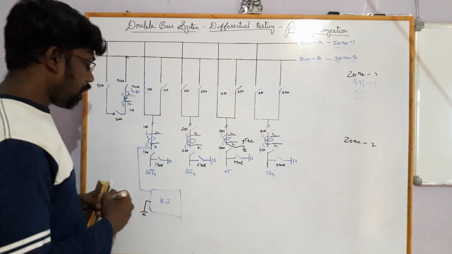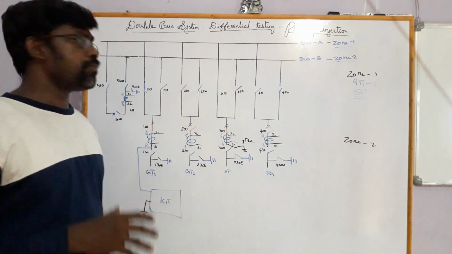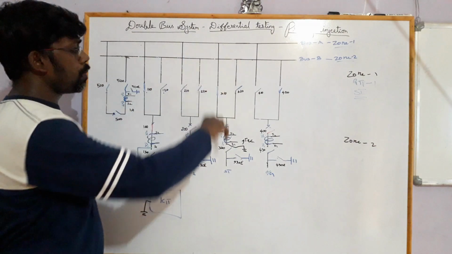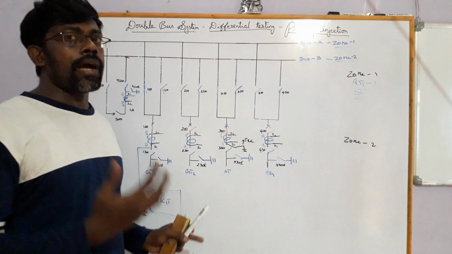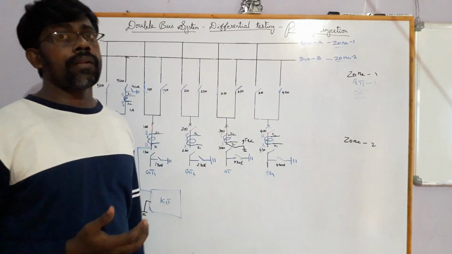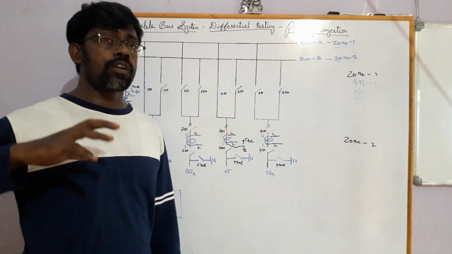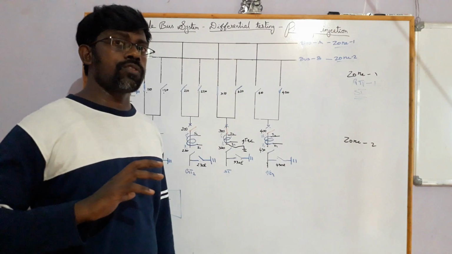Now I am going to inject current slowly. We have to increase the current slowly because it takes a very long path. Even if the kit is capable of injecting 1000 amps, due to this long path the kit may drive only 200 amps or so. So we should not go very high in current initially.